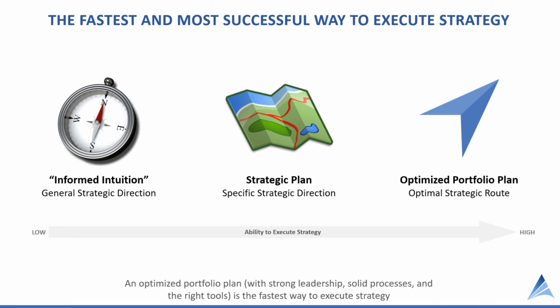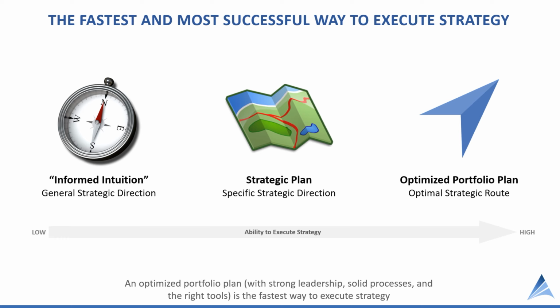To take that a step further, we really want a GPS system, so to speak, to navigate what's the optimal route to accomplish our goals and objectives. And that's really the optimized portfolio plan. We're not going to talk about portfolio planning in detail in this video. You can check out our portfolio planning video on our YouTube channel.